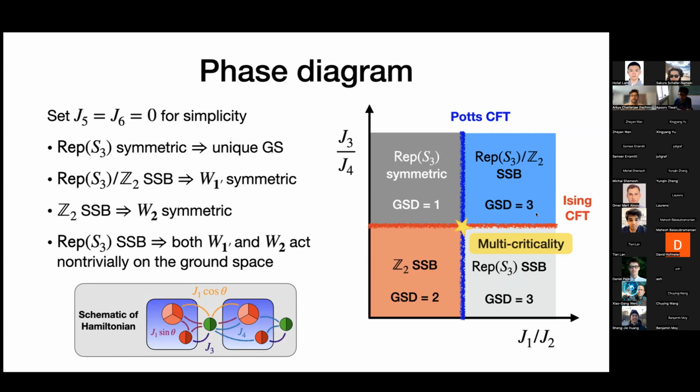Yeah, I don't have a very good answer. Thanks. So I thought it's two copies of Ising. So there are two degenerate Ising CFTs, and then you have a combined operator.